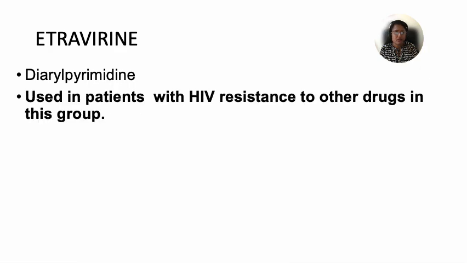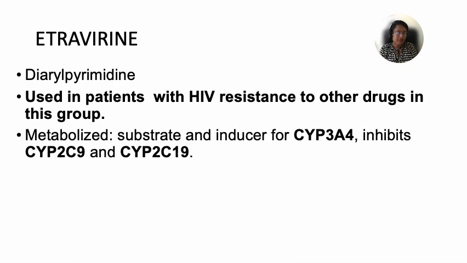So etravirine was designed to be effective against strains of HIV that had developed resistance to first generation NNRTIs due to mutations of different types. So, due to different types of mutations, it's used in patients with HIV resistance to other drugs.